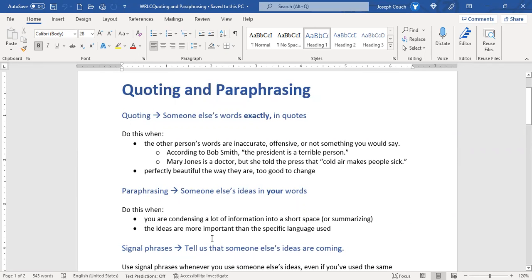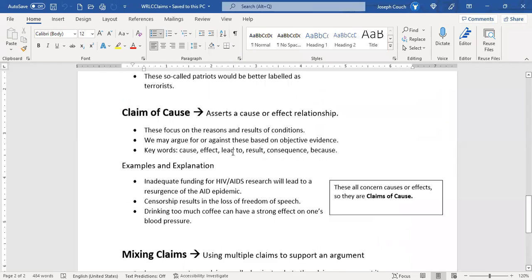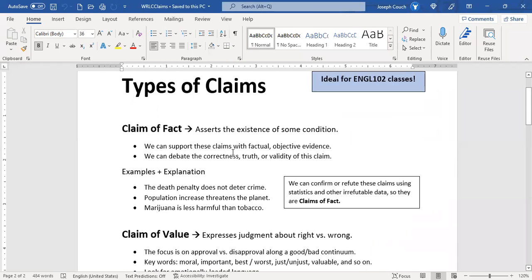But regardless if it's MLA or APA, the quote and paraphrasing handout should be a big, concise, skills-building, tutor-helping and aiding handout for us, as is, of course, the claims in terms of the rhetoric. That's really the rhetorical basis of the class.